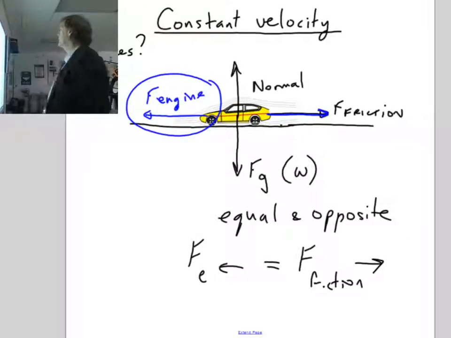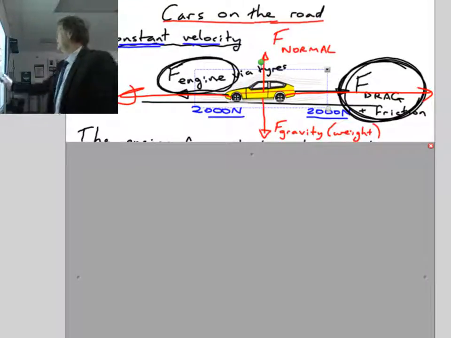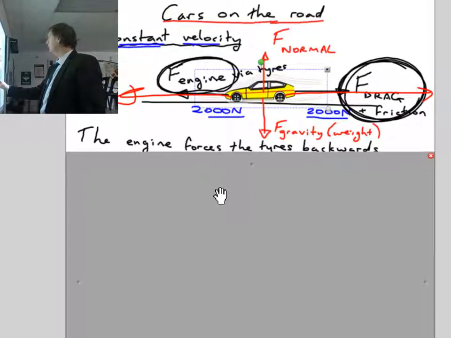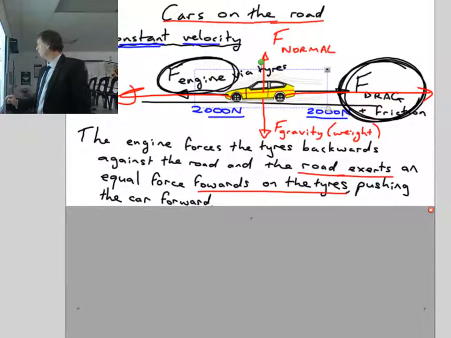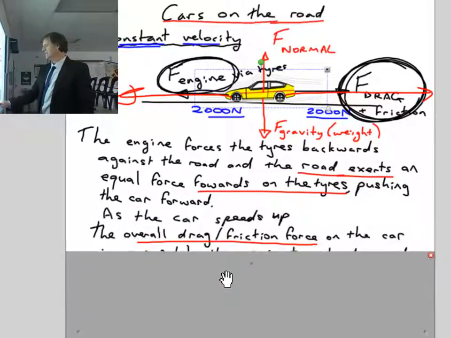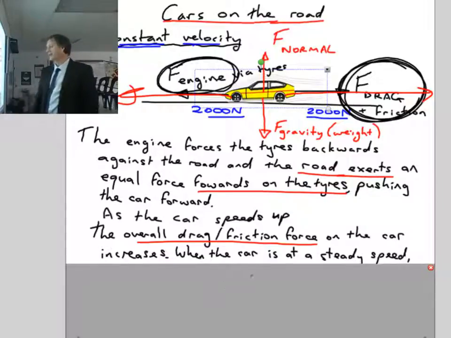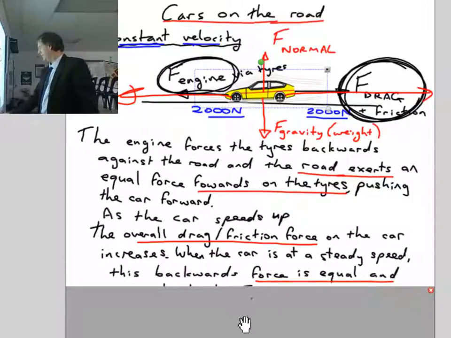And I've got notes on this that people have been looking at, and you can word it like this. The engine forces the tyres backwards against the road. The road exerts an equal force forwards on the tyres, pushing the car forward. I've called it engine, but it's probably not a good name for it. As the car speeds up, the overall drag friction force on the car increases, and obviously you're going to get back to a steady speed again. So that's an aside, really.